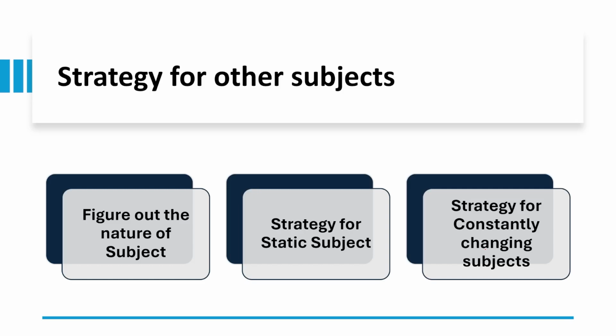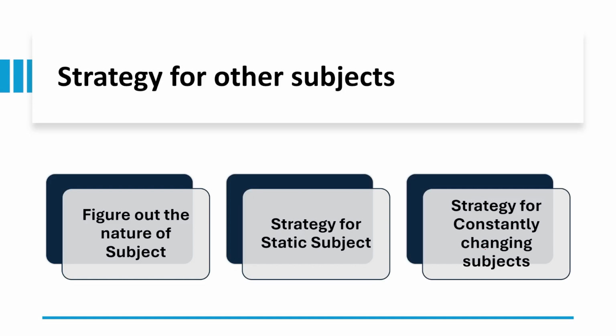Now moving forward to the strategy for other subjects. As I told you, these are very small in portion, but you don't need to underestimate other subjects. You also need to prepare for these subjects. It is like a differentiator in getting good marks.